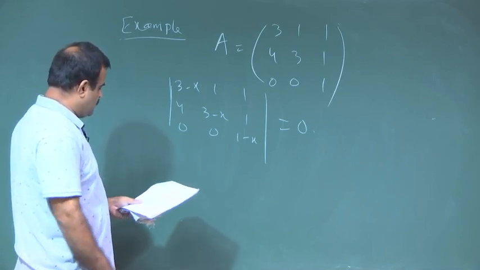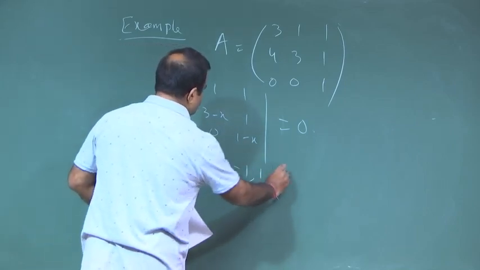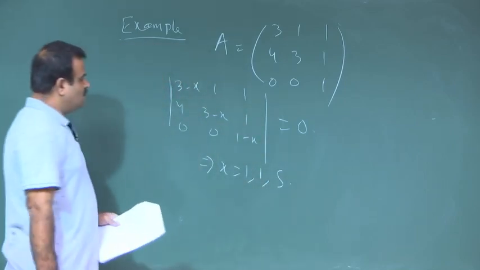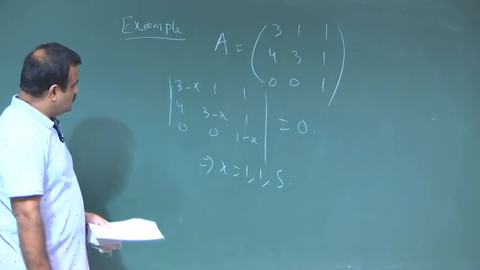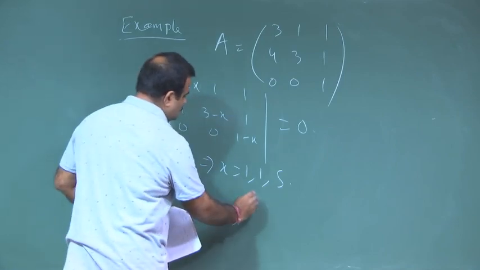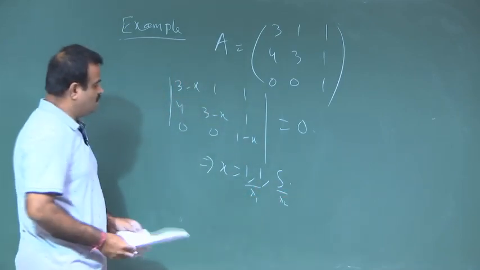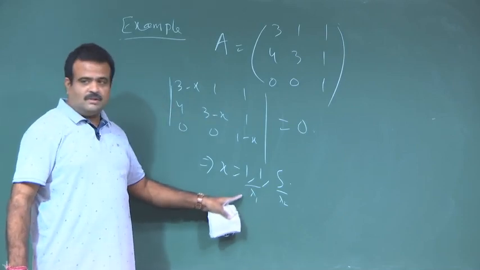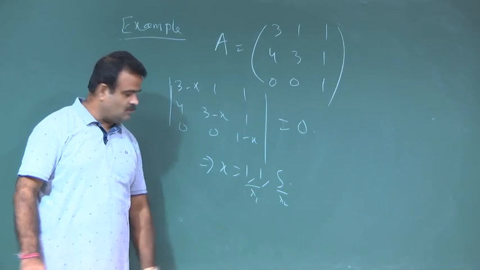If you solve this, it will be x is 1, 1, 5. So, the eigenvalues are the same as the earlier matrix. This is lambda 1, this is lambda 2. We have two distinct eigenvalues, lambda 1 and lambda 2. Lambda 1 is 1, whose algebraic multiplicity is 2, and lambda 2 is 5.